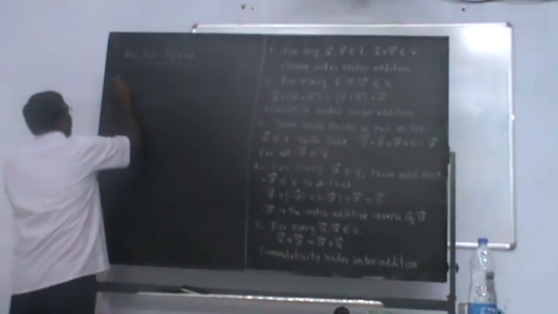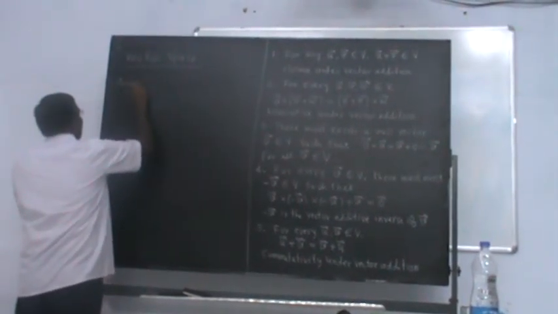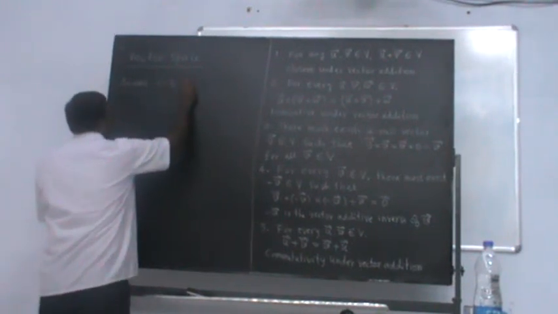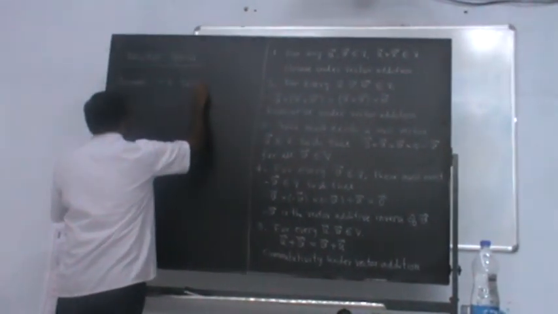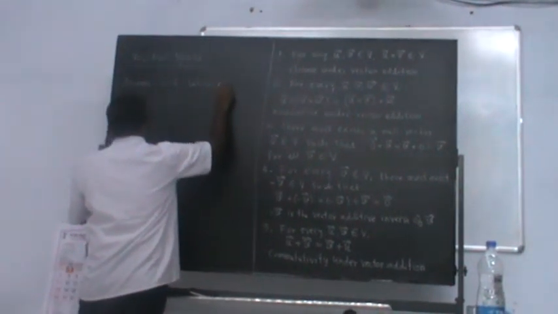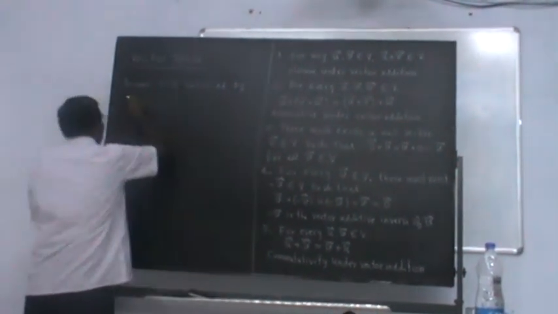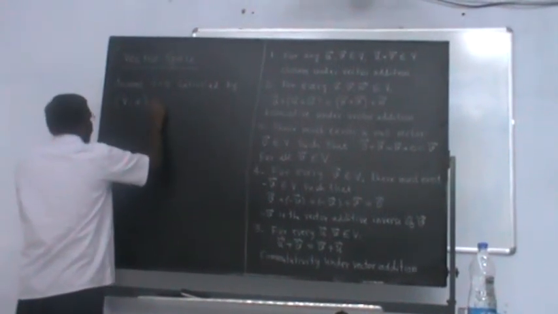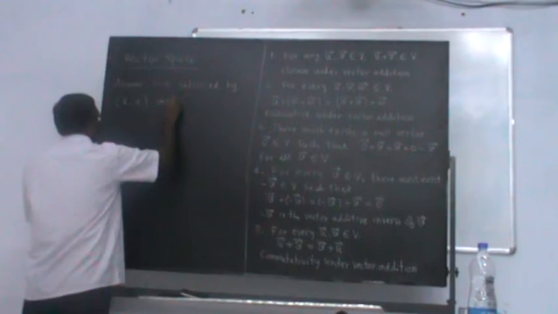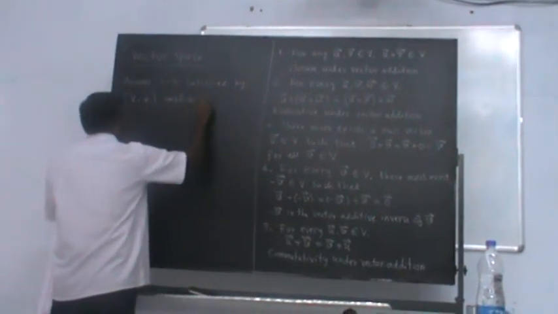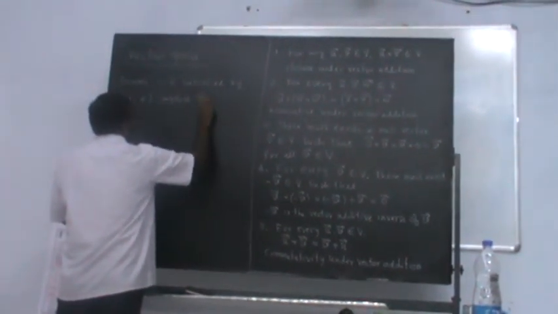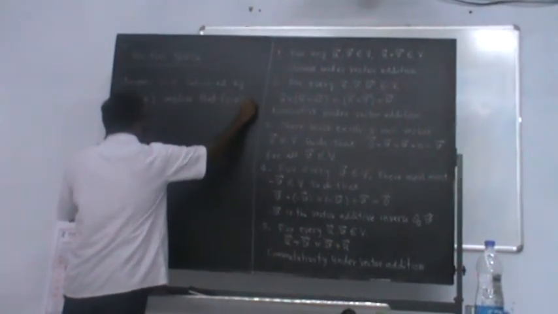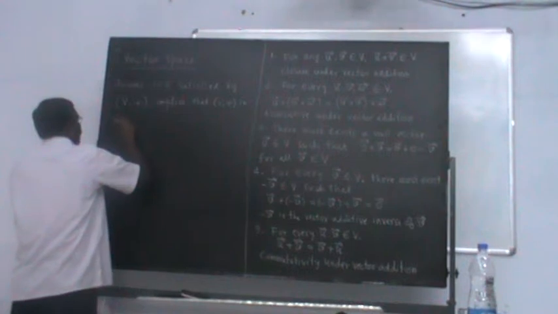So axioms 1 to 5 satisfied by the set of vectors V with vector addition implies that (V, plus) is an abelian group.